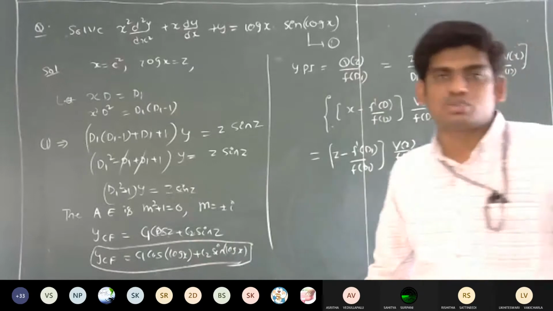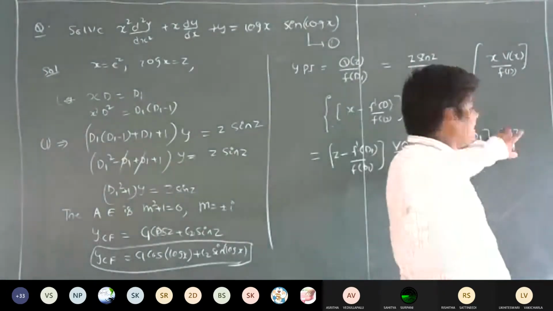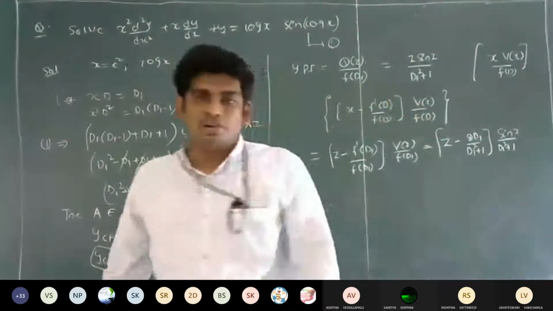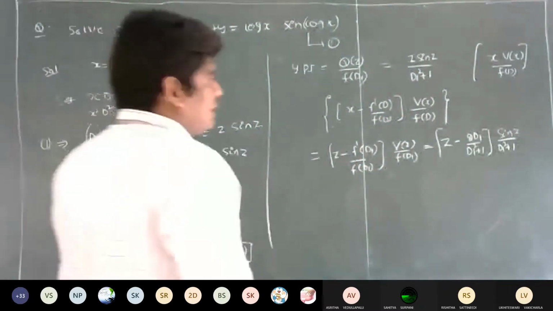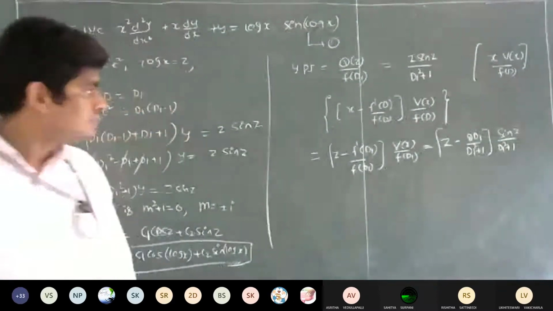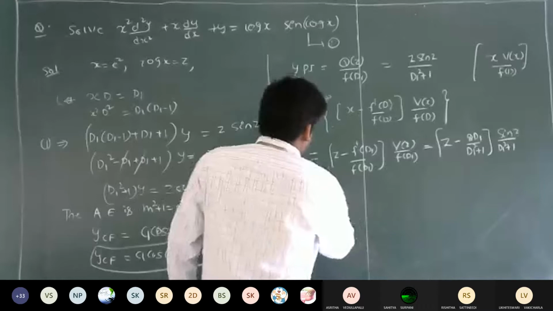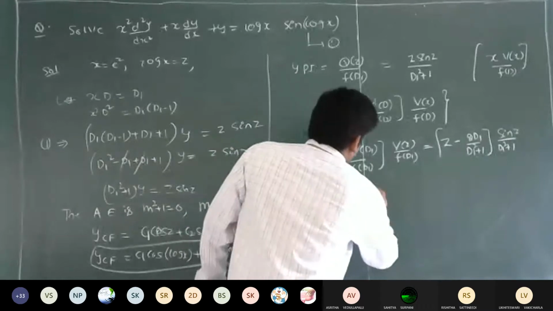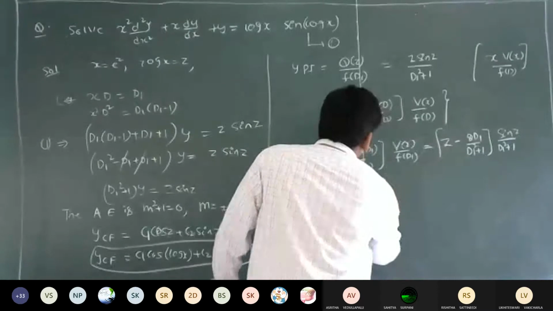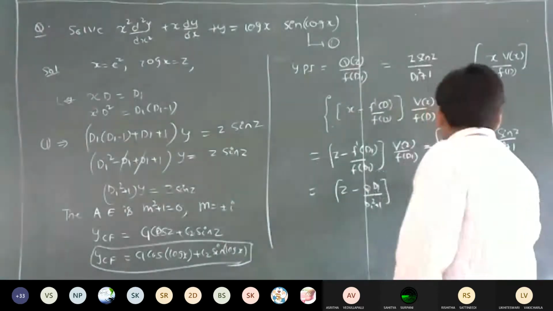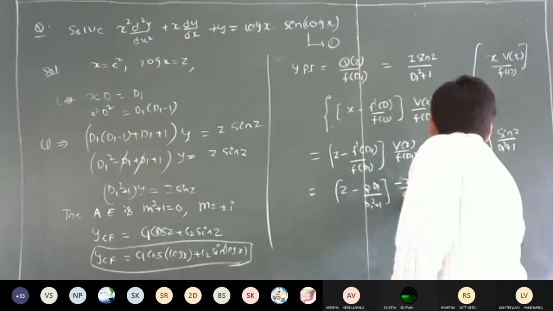So first we have to simplify the outside one. So check whether the outside one is regular or failure. Failure, sir. Failure. So it is z minus 2d1 by d1 square plus 1, d1 square plus 1 into, so this is a failure one, so its value is minus x by 2a.